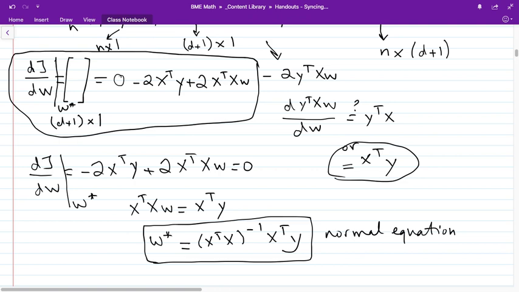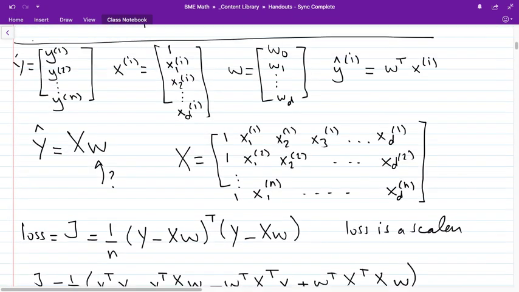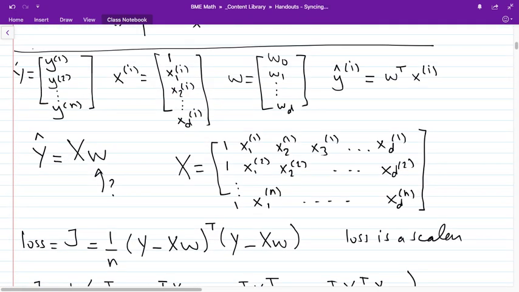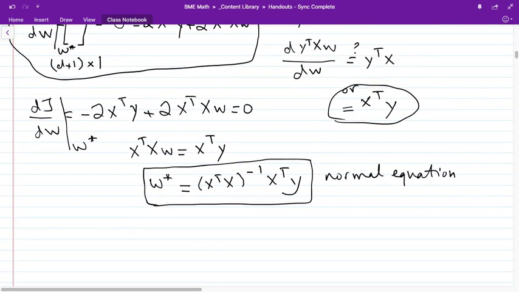Let's summarize what we did. We started out with a bunch of observations. We had features that we represented with matrix x. We had unknowns represented with the w vector. In order for us to minimize the loss function, the equation that does that is (x transpose x) inverse times x transpose y.